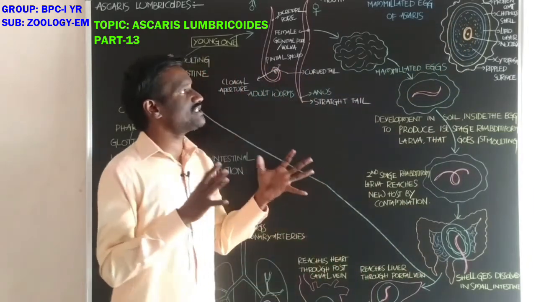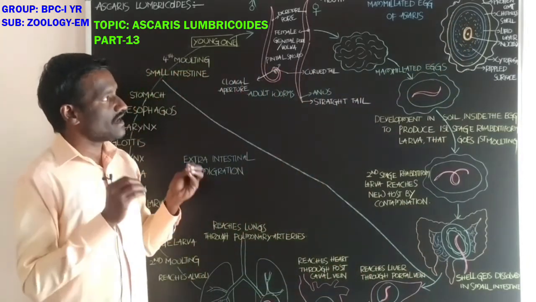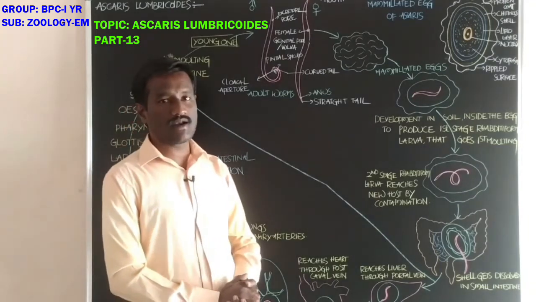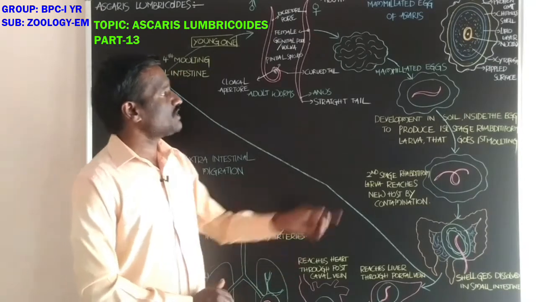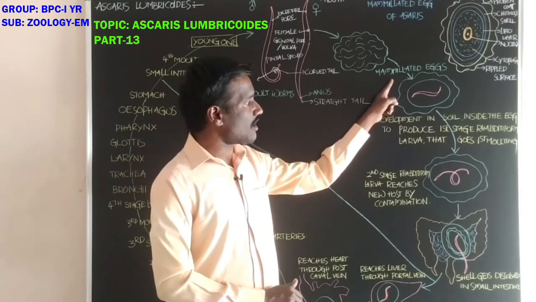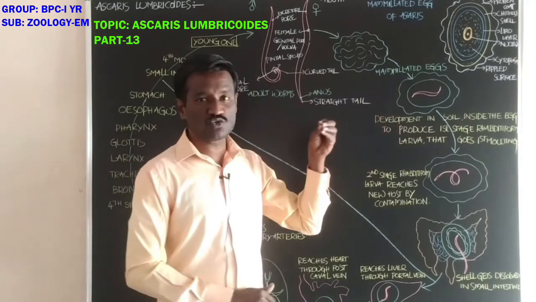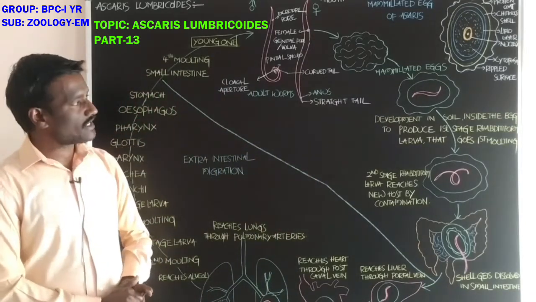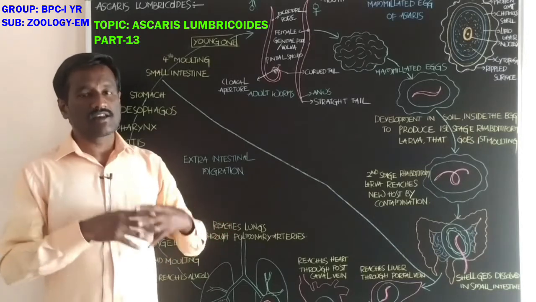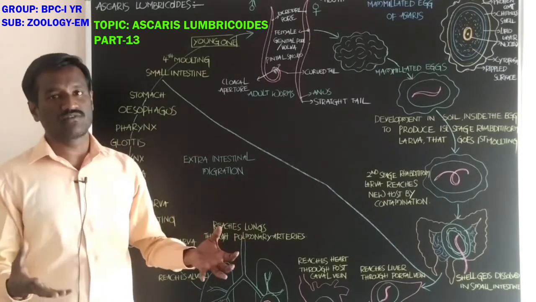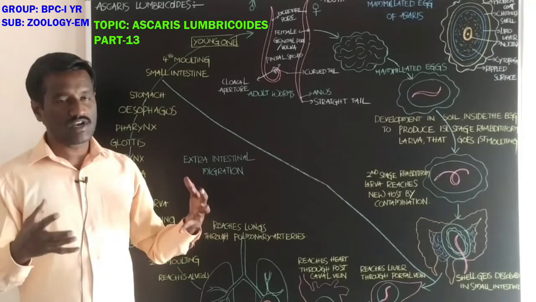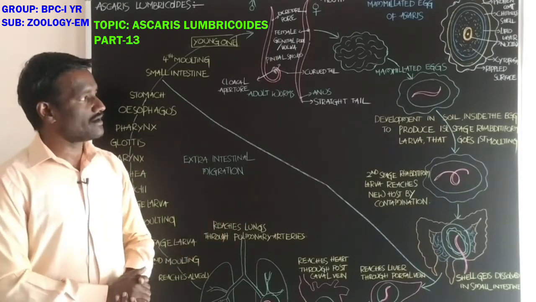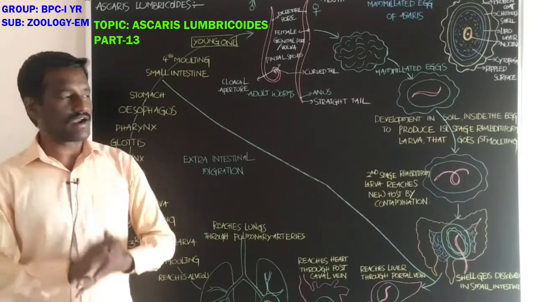This type of structure is present in the eggs of Ascaris, hence they are called mammillated eggs. Students, these mammillated eggs are released to the outside of the body of the human host with the help of fecal matter.